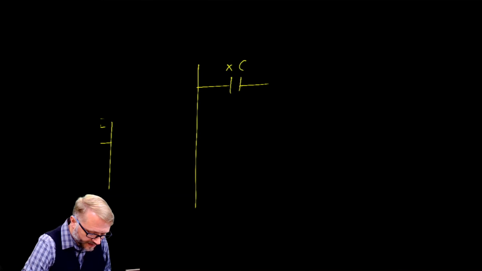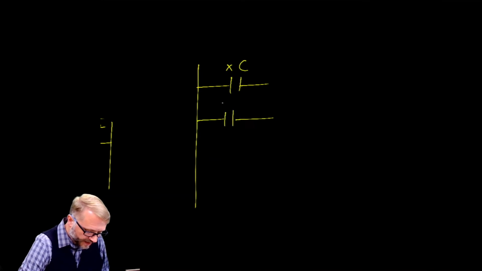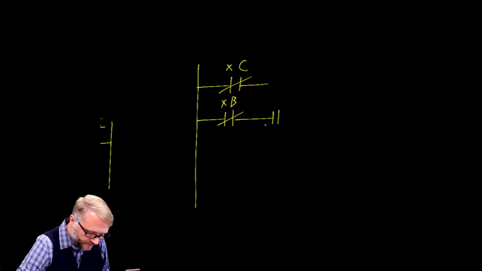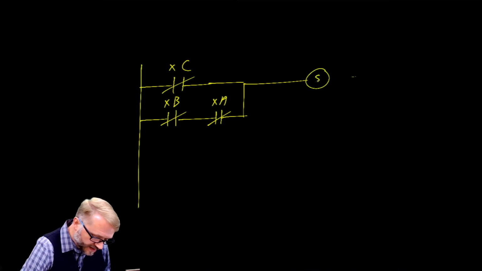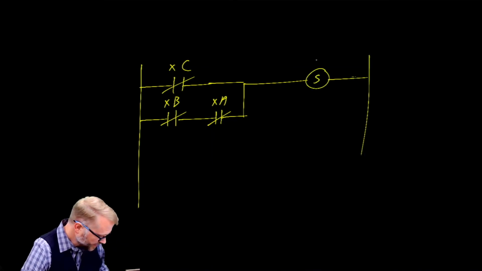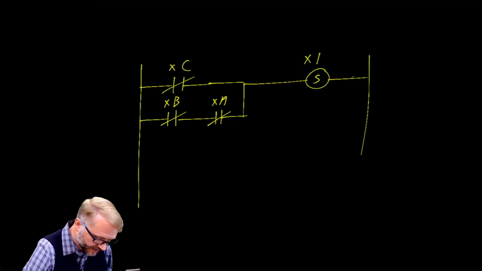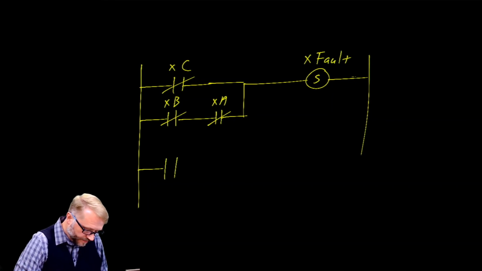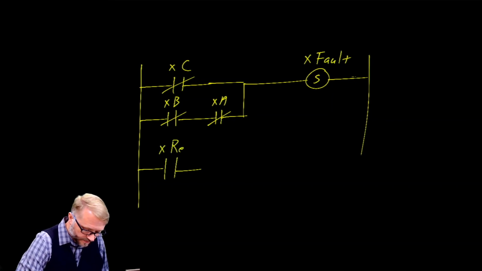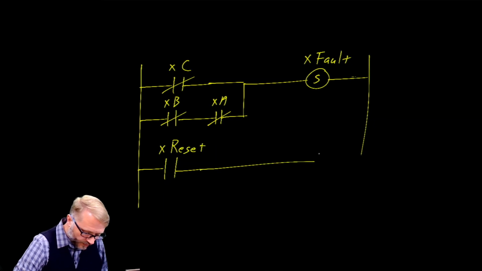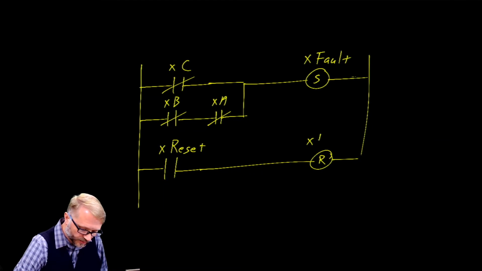So here's our not C. Here is the product of not B and not A. Going to a set coil, and we called that fault. So Boolean fault. The reset line, we had Boolean reset, and we will run that to a reset coil, again pointing to memory location Boolean fault.